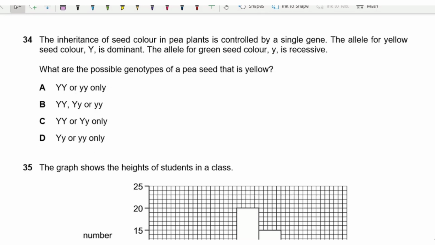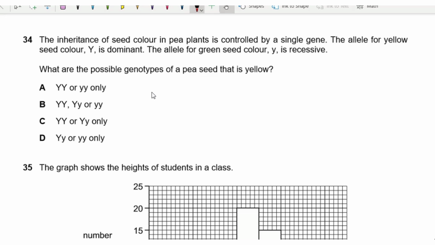Question 34 says, the inheritance of seed color in pea plants is controlled by a single gene. The allele for yellow seed color is Y, which is dominant. And the allele for green seed color is small y, which is recessive. What are the possible genotypes of a pea seed that is yellow?